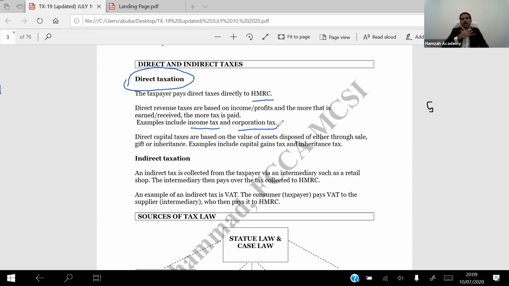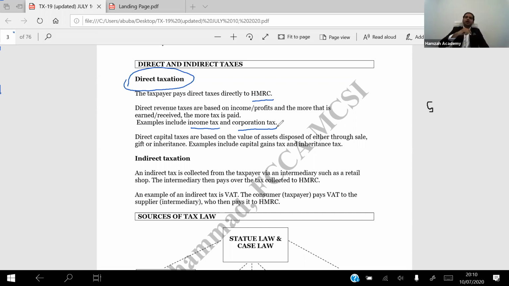I am an employee and I earn £2,000 per month, and I am liable to pay £100 tax on my earning. HMRC will take that tax directly from me. That's why we call it direct taxes.